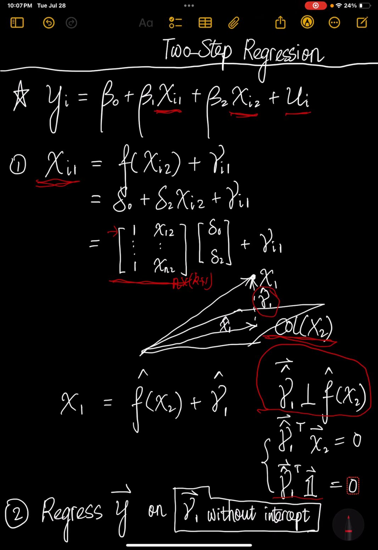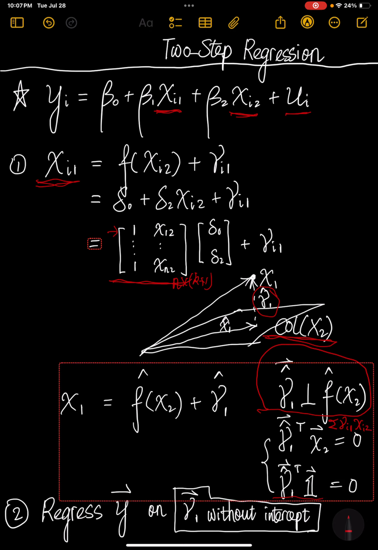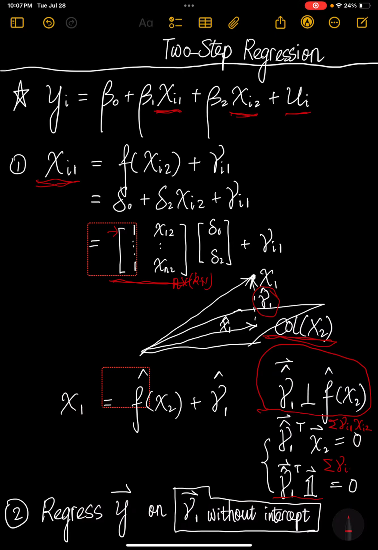If you expand the dot products, every one of these dot products is actually 0.